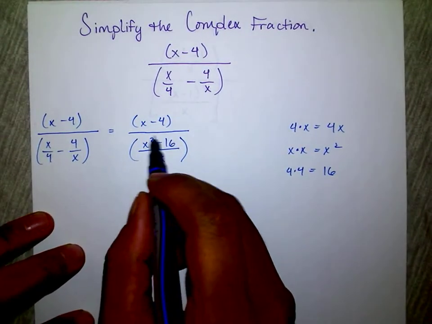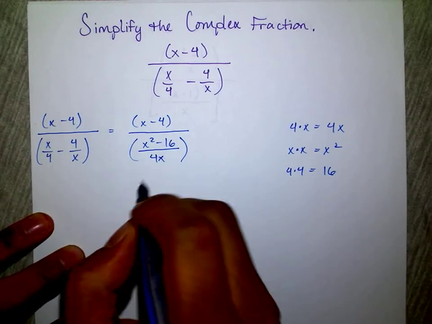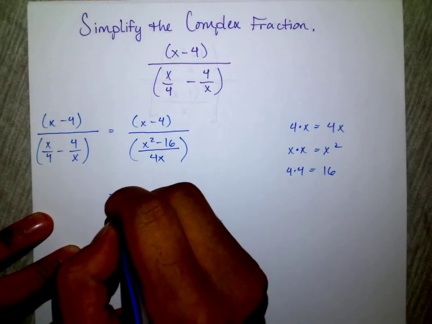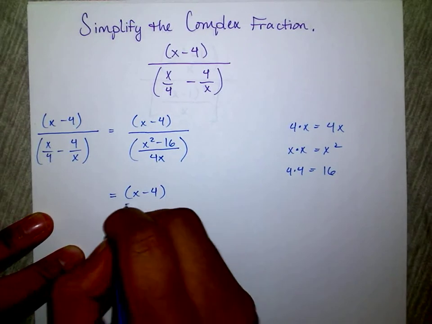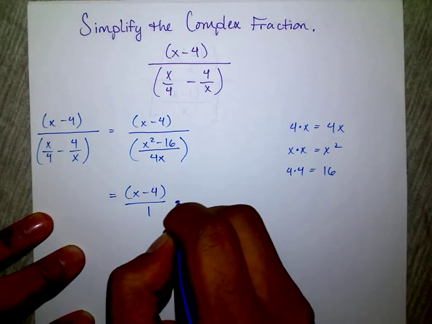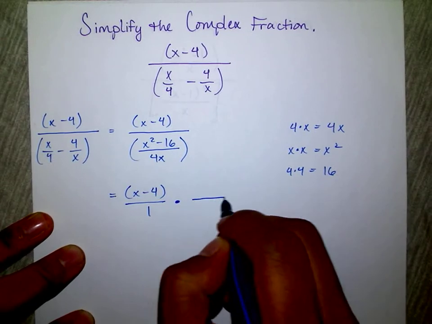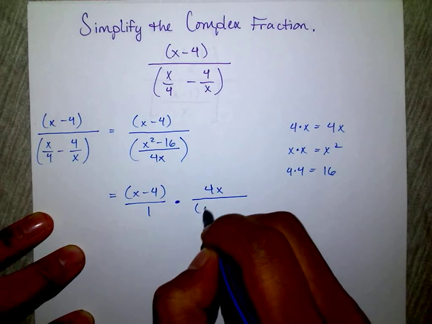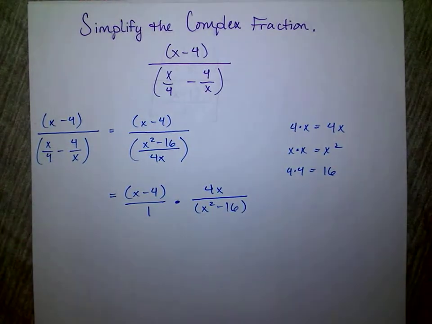Since we're dividing a fraction by another fraction, we can rewrite this as multiplication. When we rewrite it as multiplication, this is what it's going to look like: x minus 4 over 1 times, we multiply by the reciprocal. So the reciprocal here is 4x on top, and on the bottom we're going to have x squared minus 16.